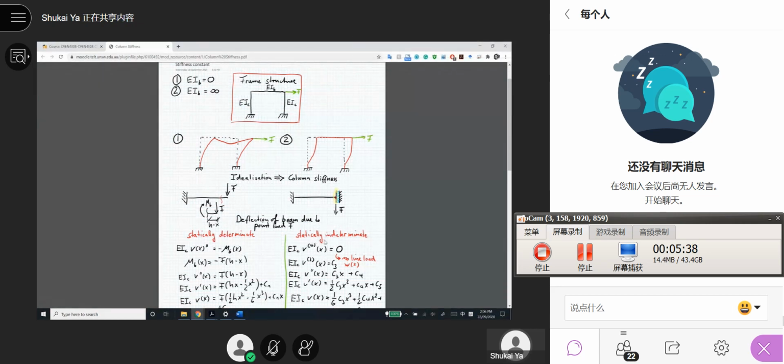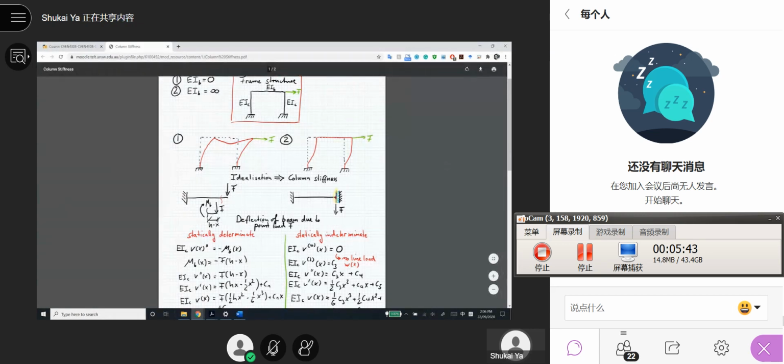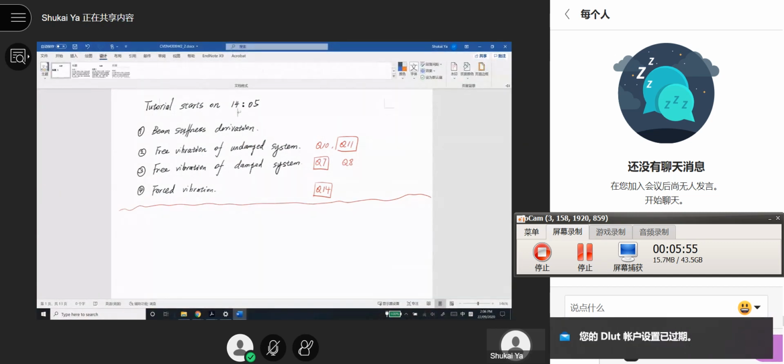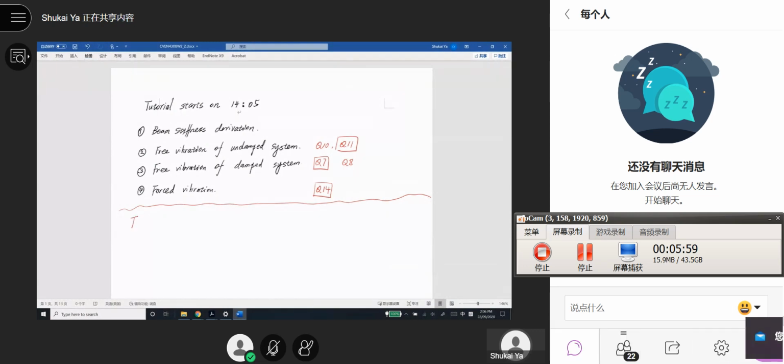And for a statically indeterminate structure, we can know the distributed load. So let me give one example, and then we can try to repeat the solution for task 1.